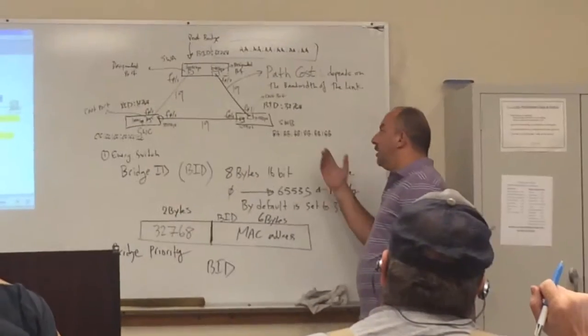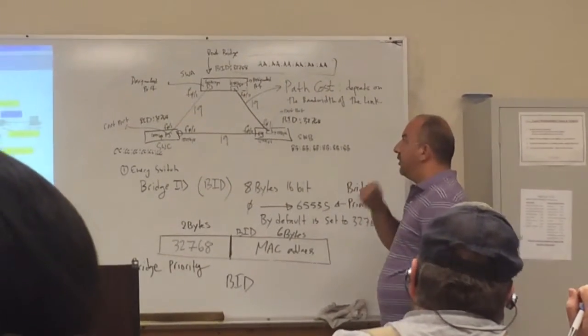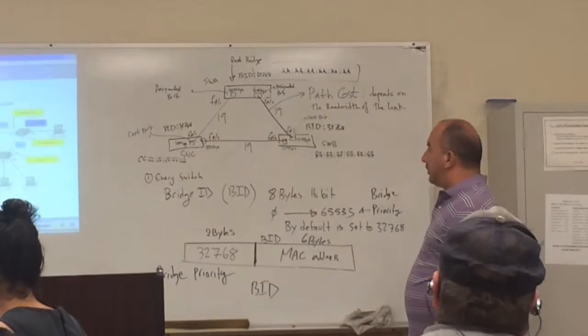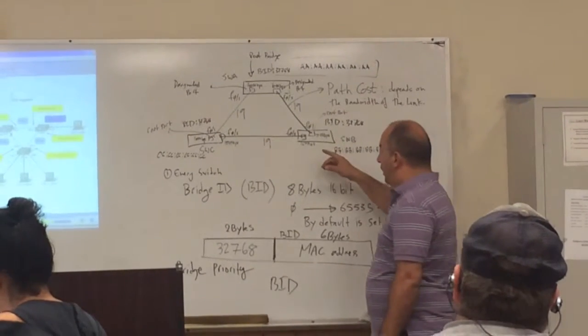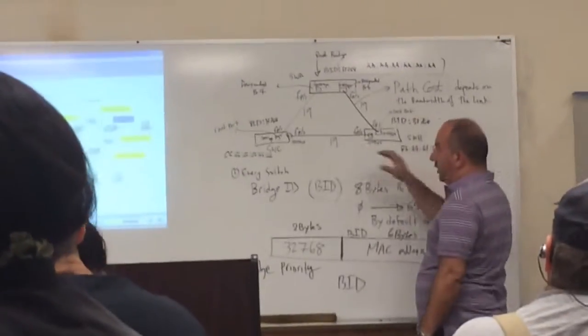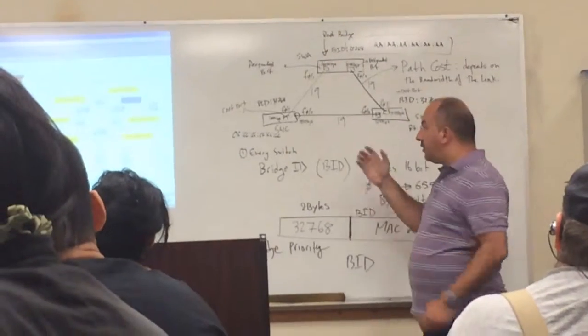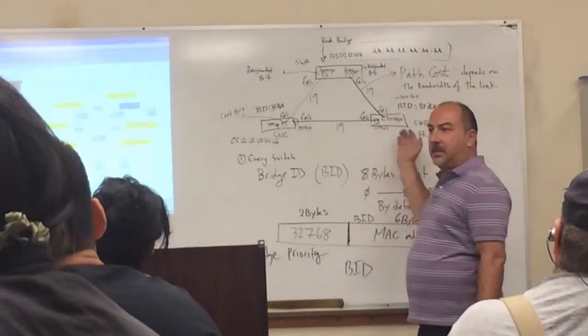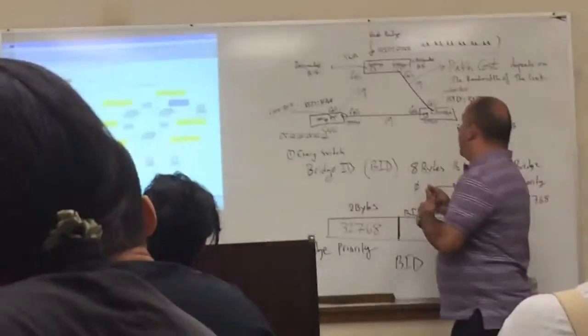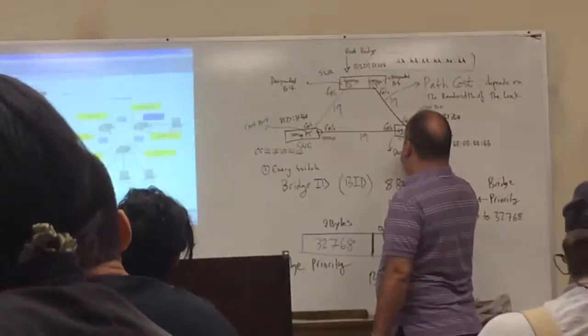So which one with the MAC address? This one is going to say my MAC address is all B's. This one is going to say my MAC address is all C's. When they compare each other, which one has a lower MAC address? B. So then this one is going to be designated.